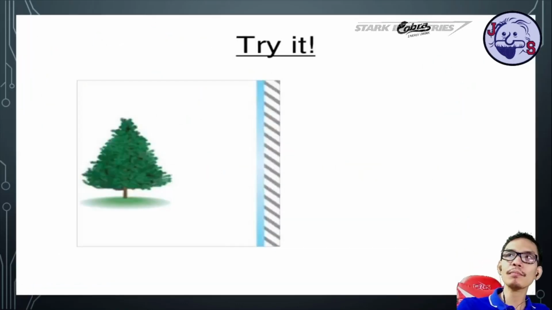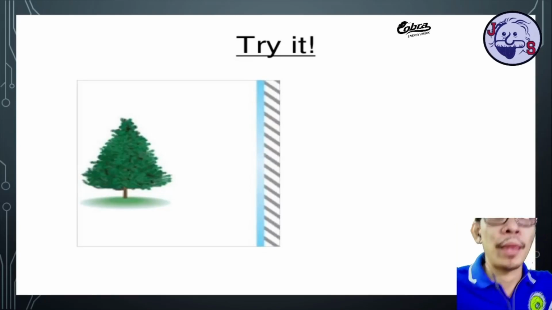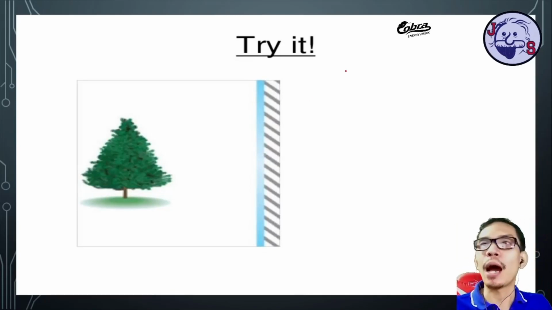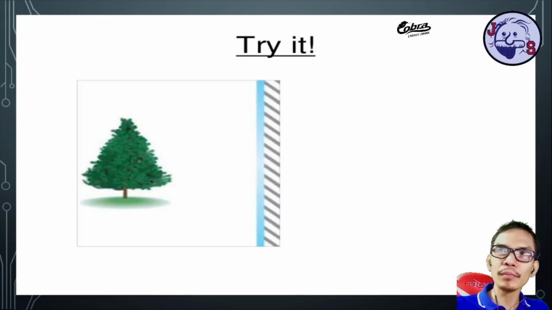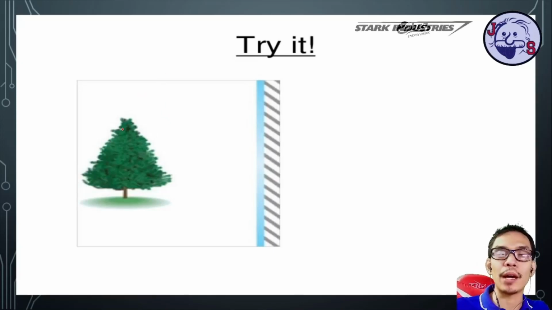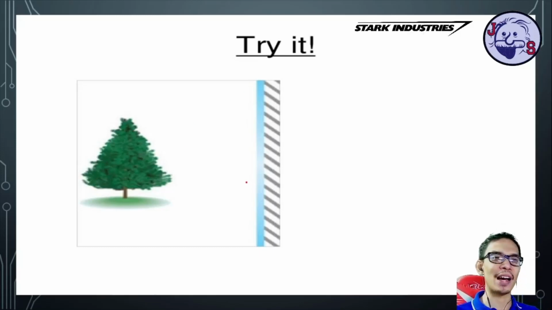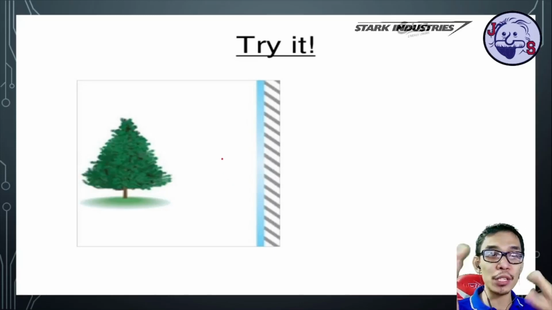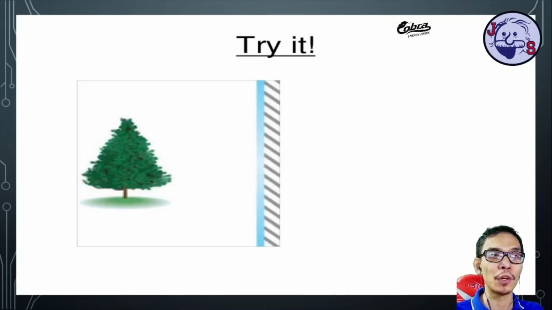Okay, let's try this one. You can have this one here using a tree, a tree that we have right here, which is placed in front of a plane mirror. You can pause this one and do it on your graphing paper if you want to.